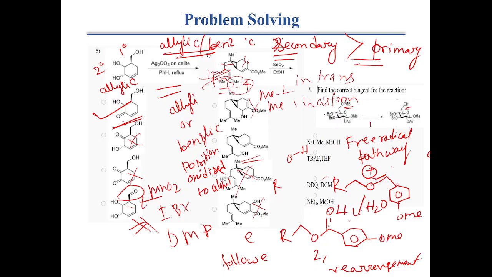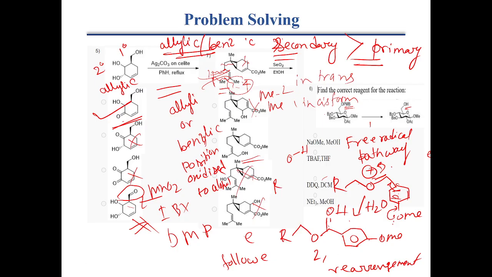Now in the case of benzyl and O-paramethoxybenzyl, the paramethoxybenzyl has a lone pair of electrons. If we write it this way, the paramethoxy group donates its electrons to this oxonium ion and stabilizes this oxonium carbocation. But in the case of benzyl, this does not happen.